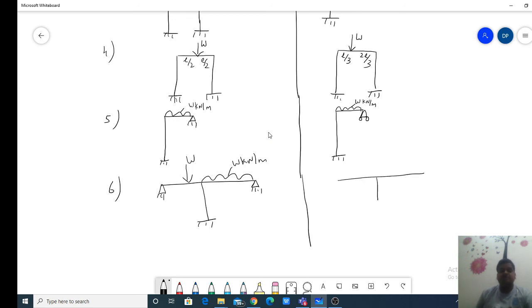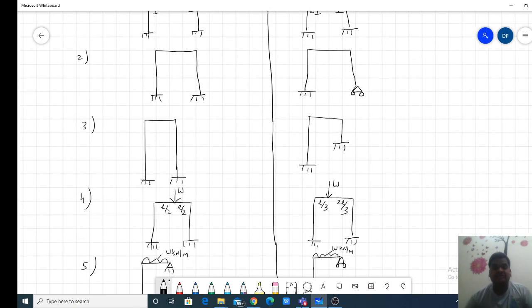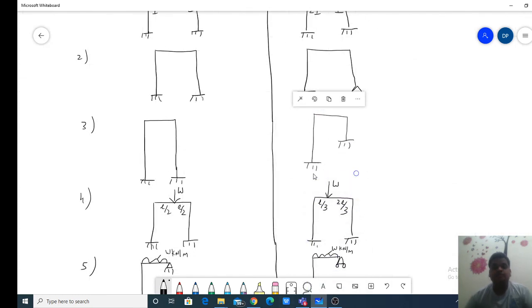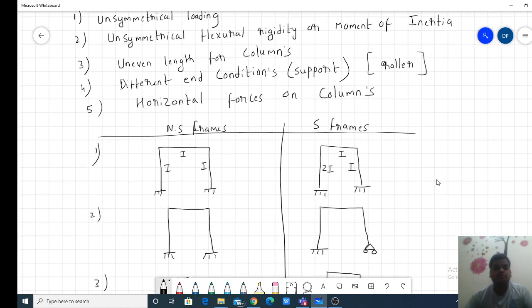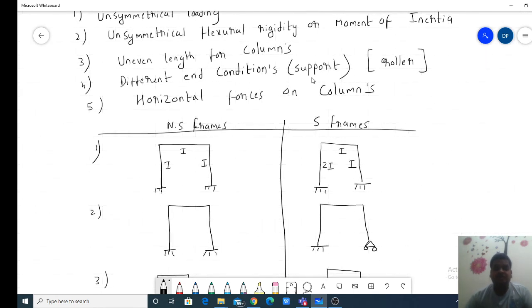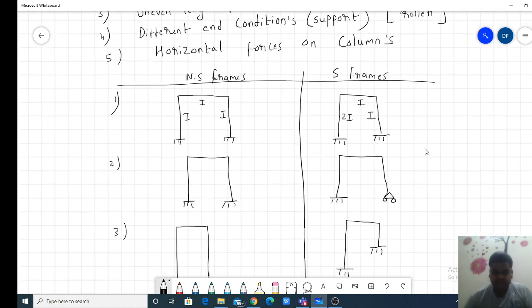The same frame, if I provide the hinge here, the same W here, and W kilonewton per meter loading here, and here I have provided a roller support, then this becomes a sway frame. So like this we need to see the conditions and understand with respect to them. Different end condition means that instead of hinge, if it is roller support, then only it comes under sway frames. Thank you.